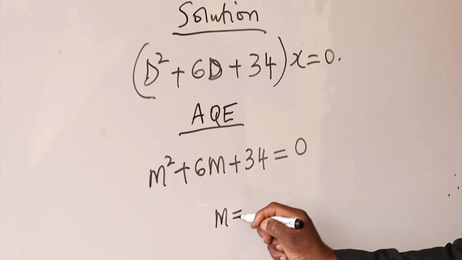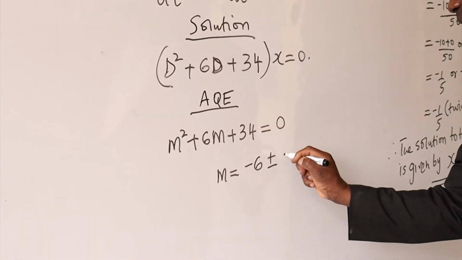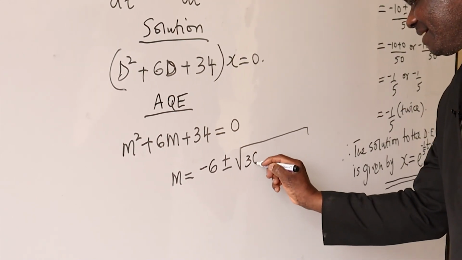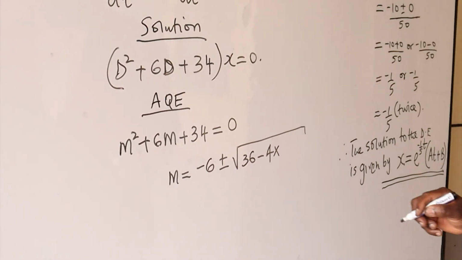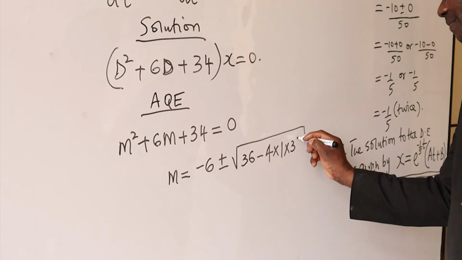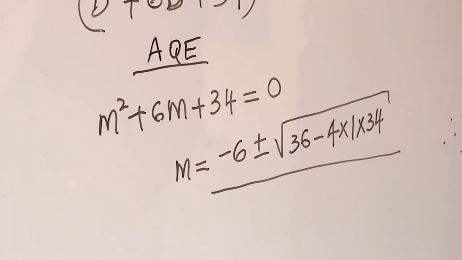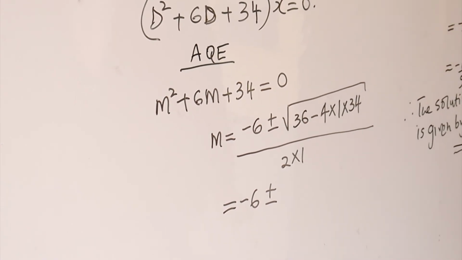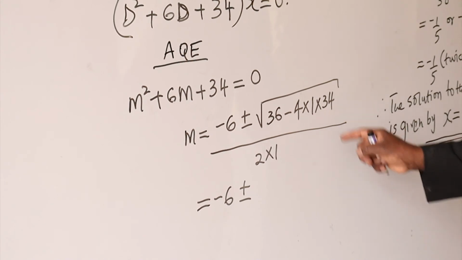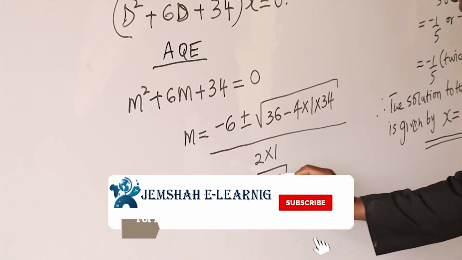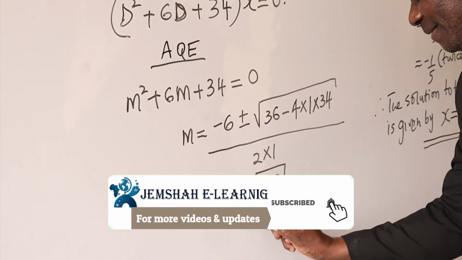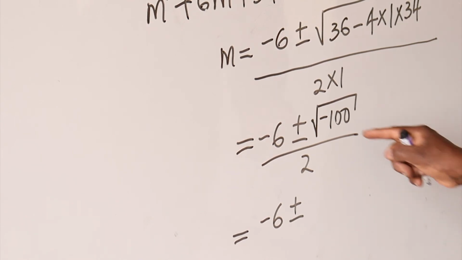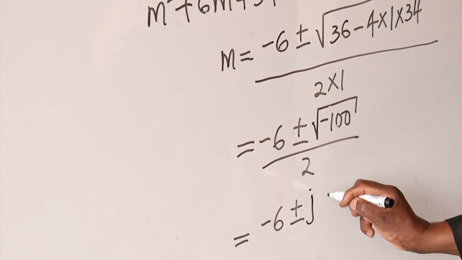We can solve this by formula method. m will be equal to minus 6 plus or minus root of our b squared, 36, minus 4 times a, 1, times c, 34, all over 2a, 2 times 1, which will be equal to minus 6 plus or minus root of negative 100 all over 2.